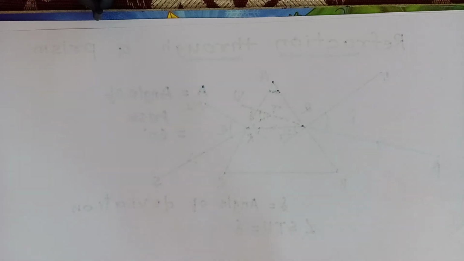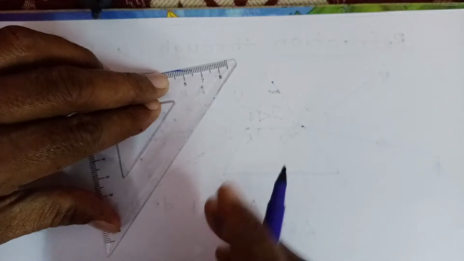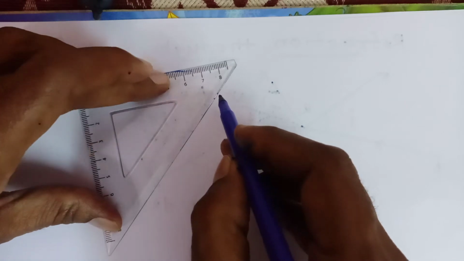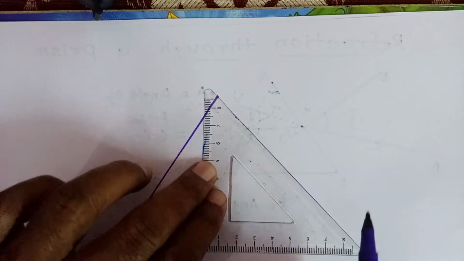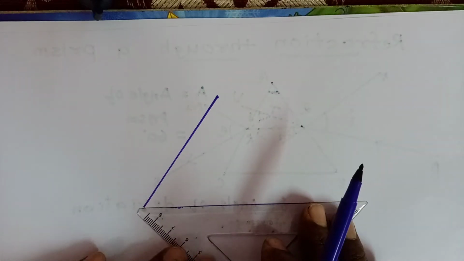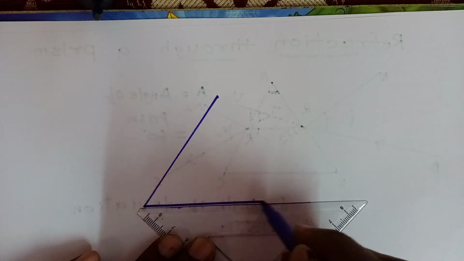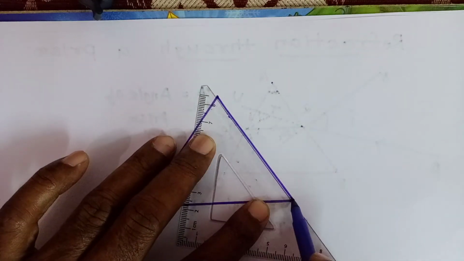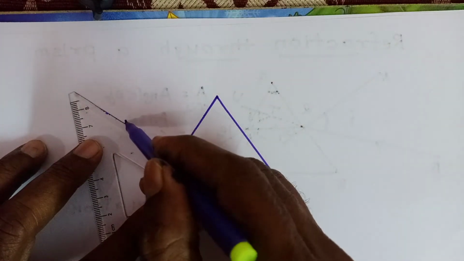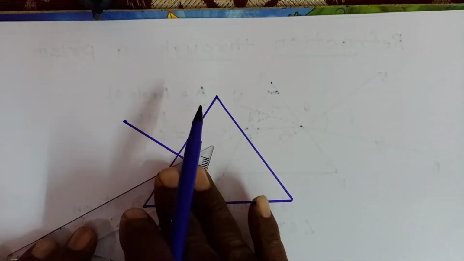So wait, see here, if this is our prism, this is the basic prism in which A is the angle of prism, normal. The ray will come here.